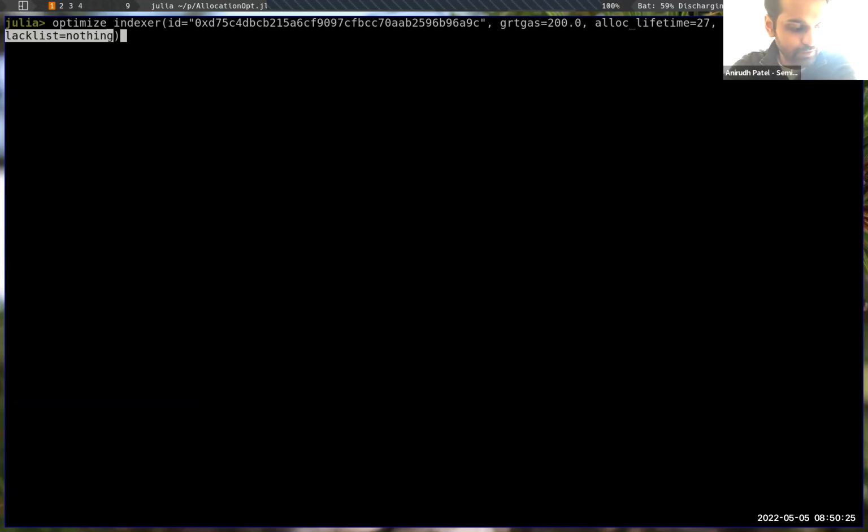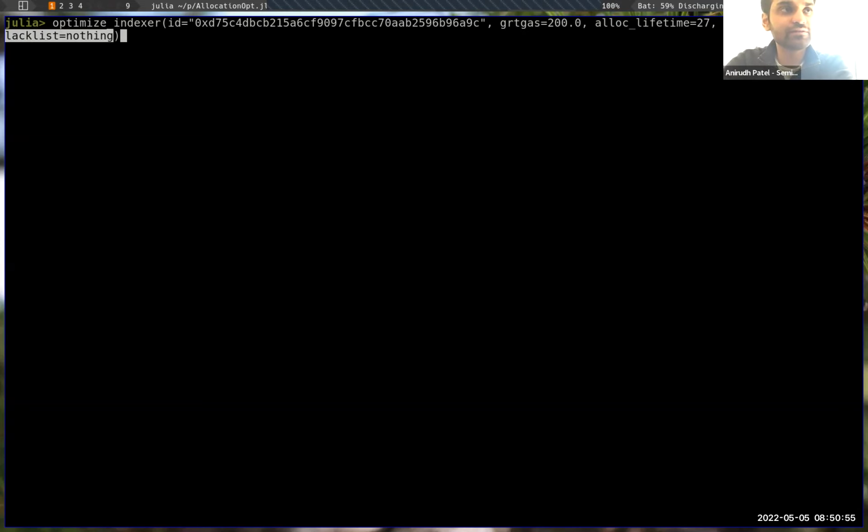Yeah, great point. So one of the things that Hope has implemented, she's implemented two things, but one of them is the preference ratio. If you specify the preference ratio when you use the optimize indexer function, essentially what it tunes is your willingness to reallocate versus how much you want to just hold on to existing allocations.